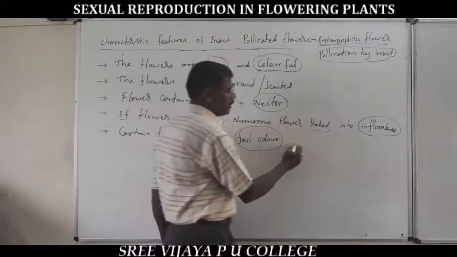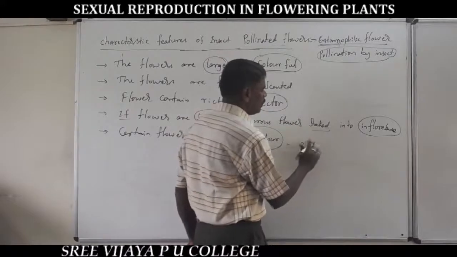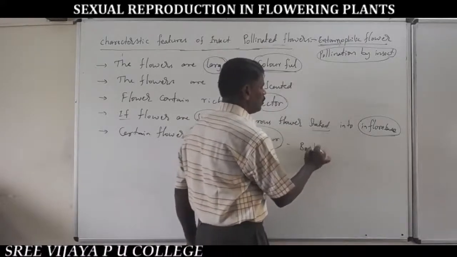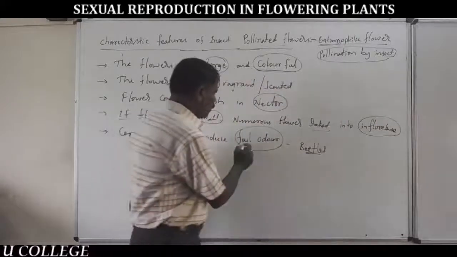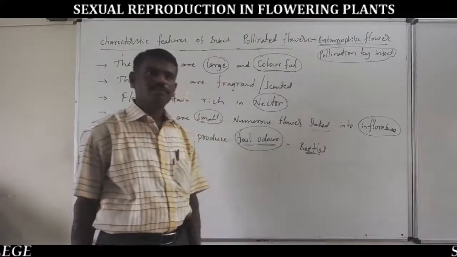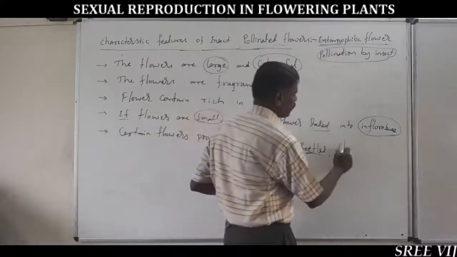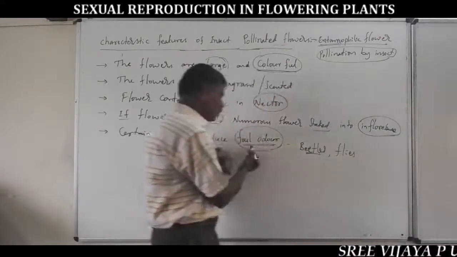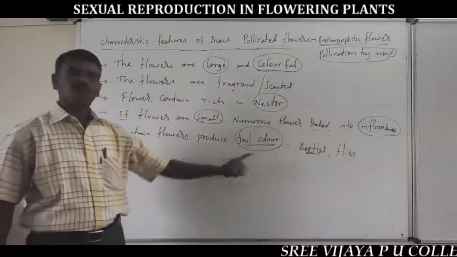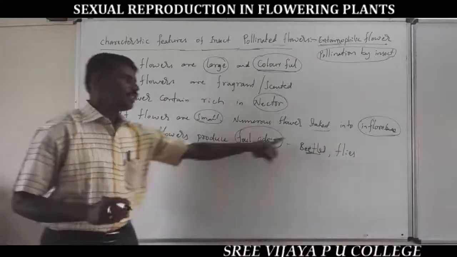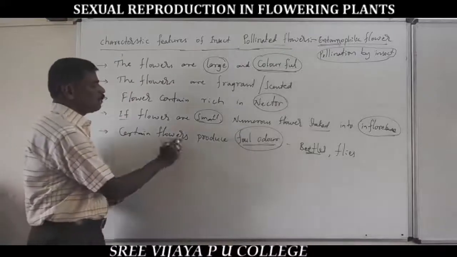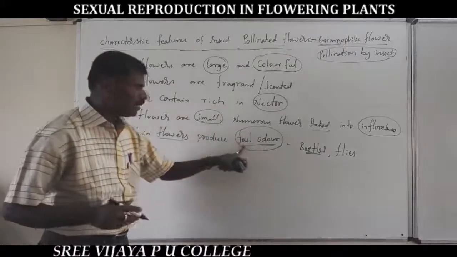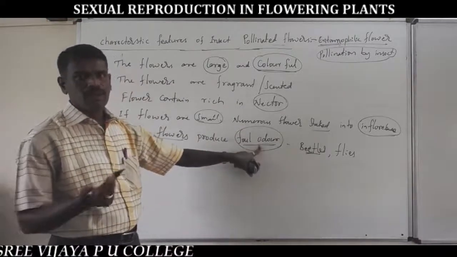Beetles are attracted to foul odor, and even flies are attracted to bad smell or foul odor, and so the insect visits the flower, attracted by the smell.